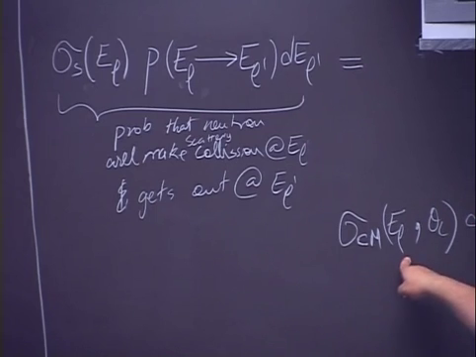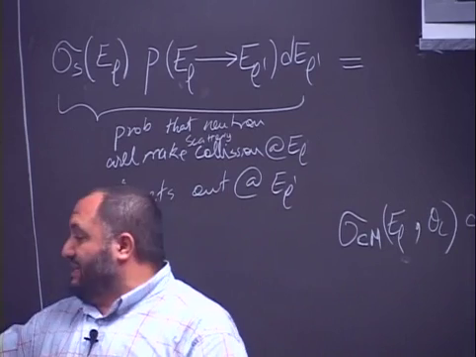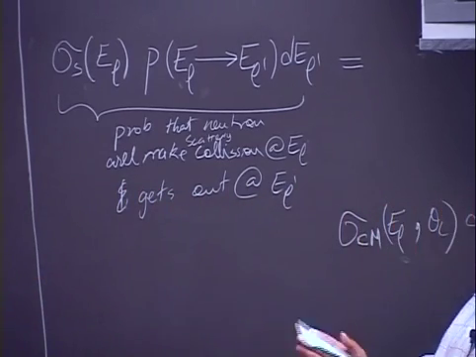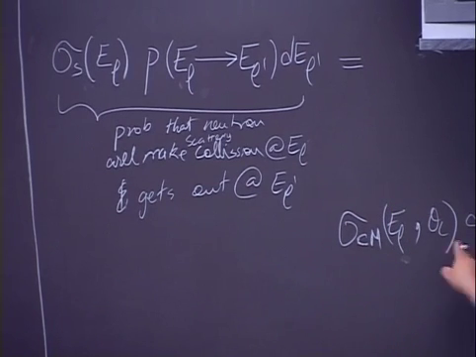Because this is the probability that once you make a collision at angle theta C, you will get out within a cone of delta omega C.